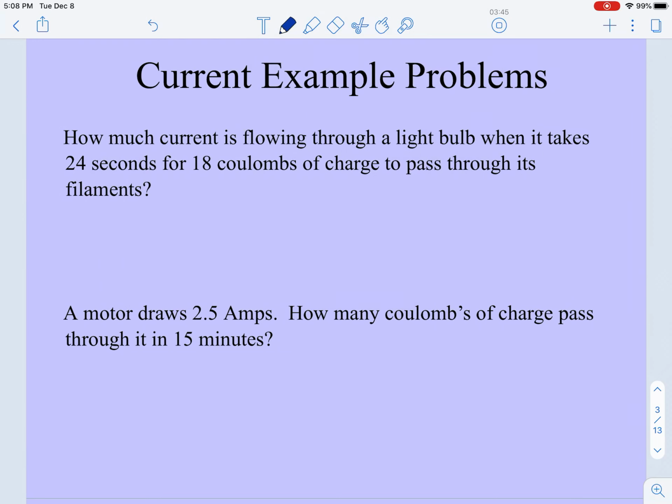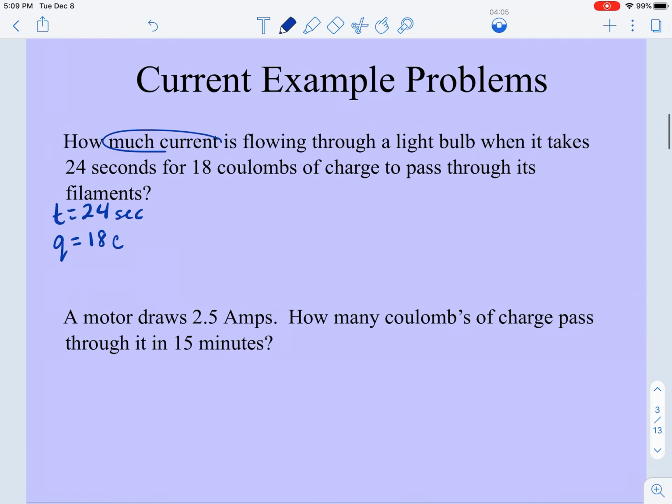The first question says, how much current is flowing through a light bulb when it takes 24 seconds for 18 coulombs of charge to pass through its filaments? So we are going to identify our variables here. Our time is 24 seconds.